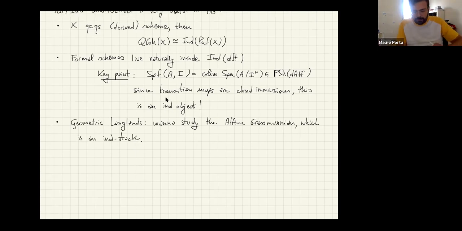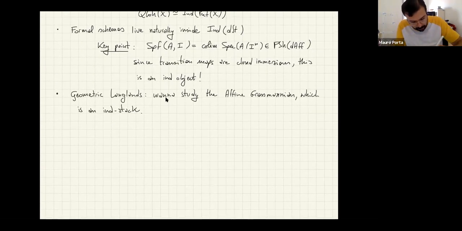And of course I forgot one that I should have said before, which is algebras. So derived affine schemes, let's say. This is Ind of algebras of finite type.